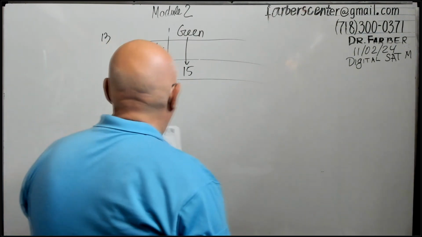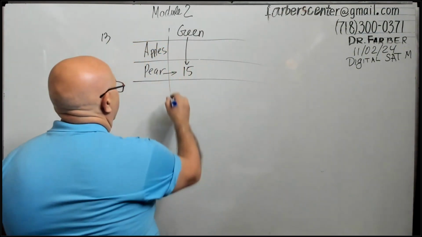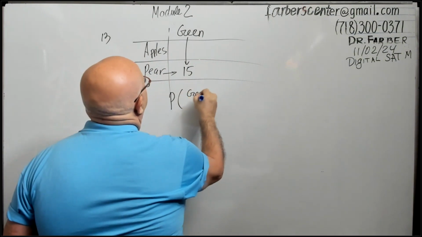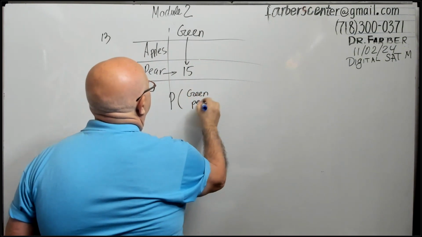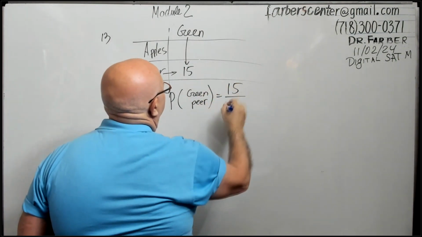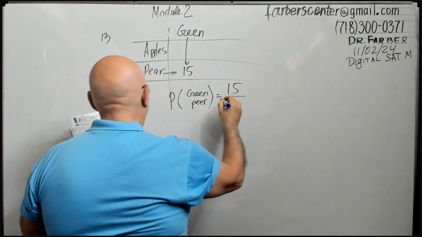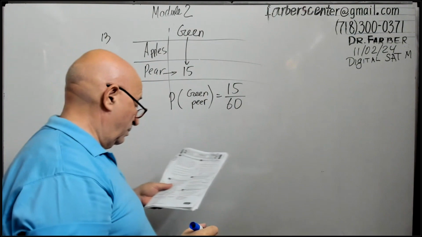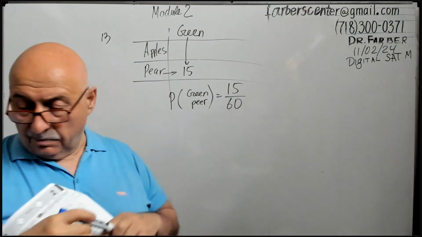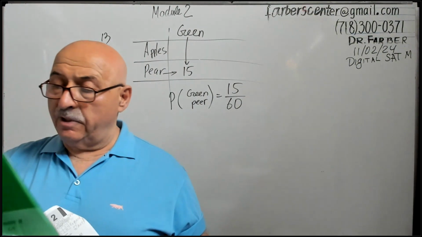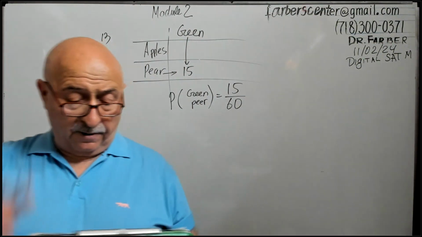And probability, you got pear, green, here. Take 15 favorable outcomes. The number of pears in this row is 60. And this will be the answer. So far so good. 13. Probability is the ratio of favorable outcomes to total.